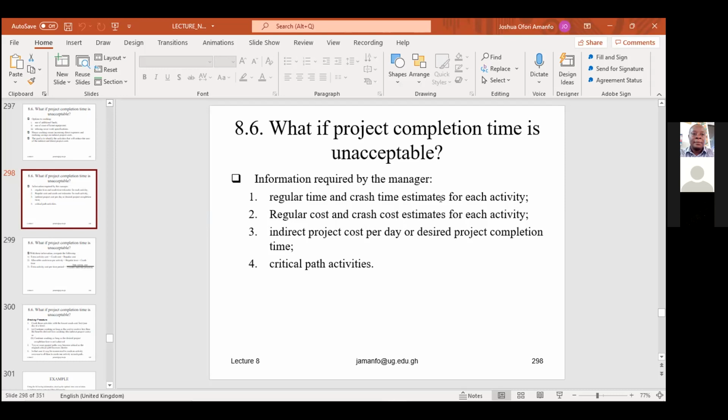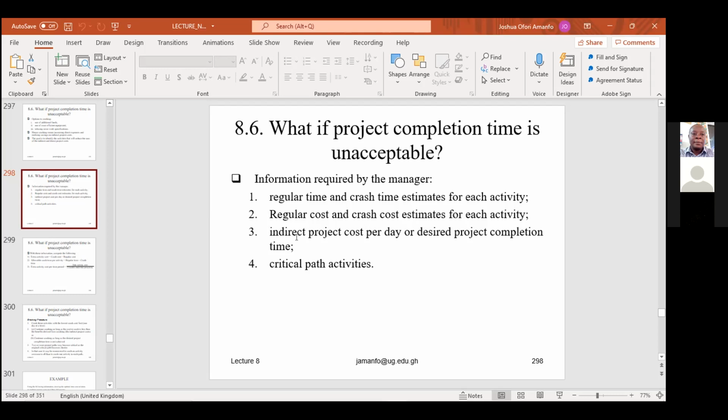Remember, each activity in a project comes with cost. So if we are completing the activity within the regular time, we will need the regular cost attached to the activity. And then we also need the crash cost if we are crashing an activity.